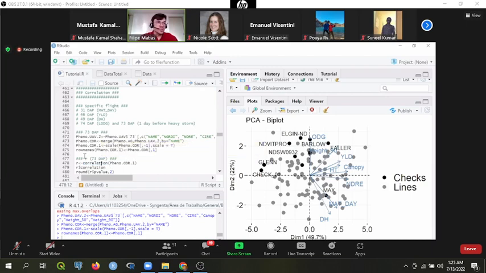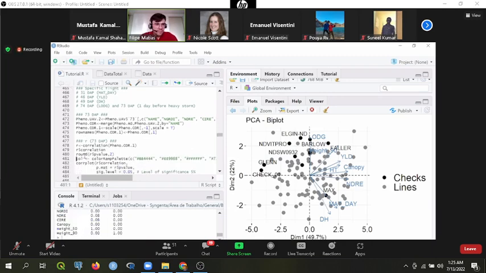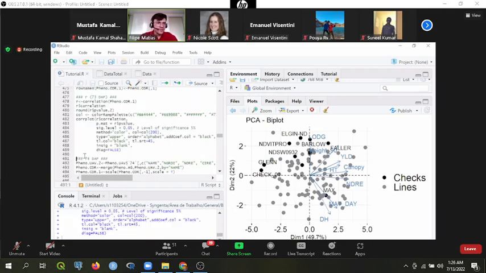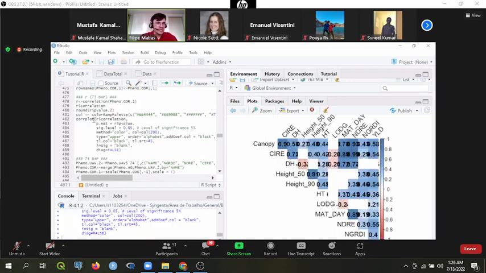Again, this is just one way to do it, not necessarily the best way to calculate correlation, but it is one start. And to have a visualization of our data, we are using the package corrplot, this function corrplot.